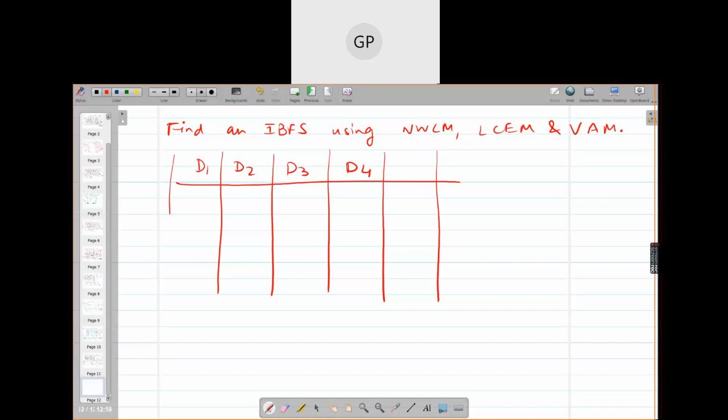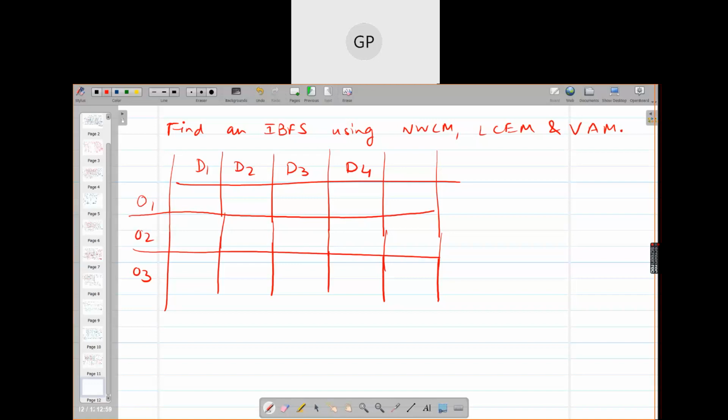So these are the destinations. And these are the sources. The costs are 5, 3, 6, 4, 3, 4, 7, 8, 9, 6, 5, 8.